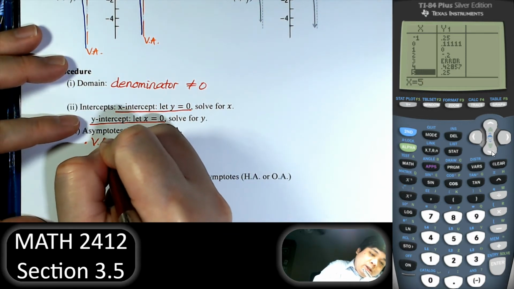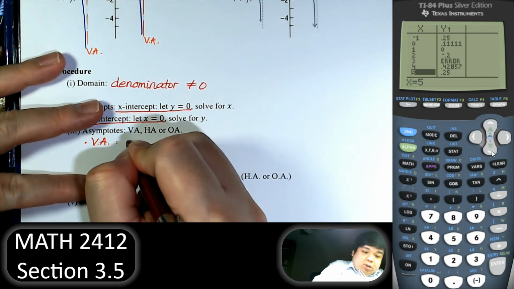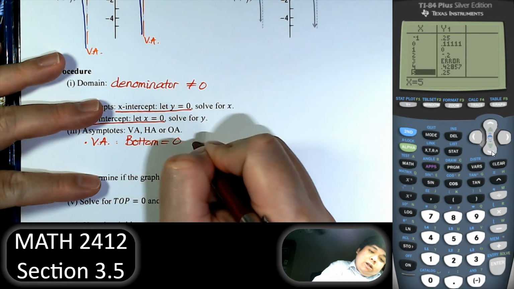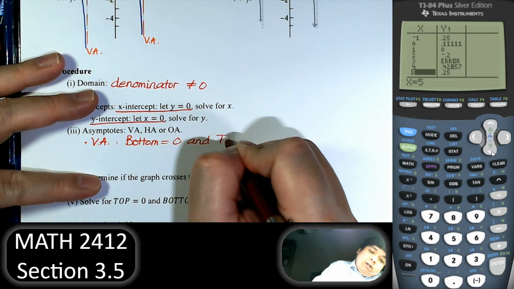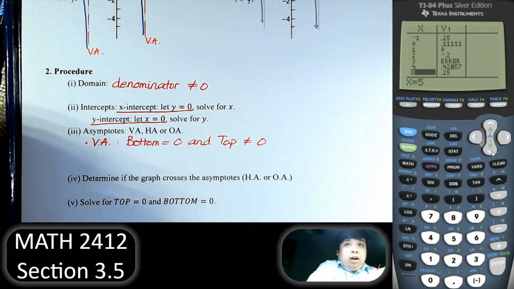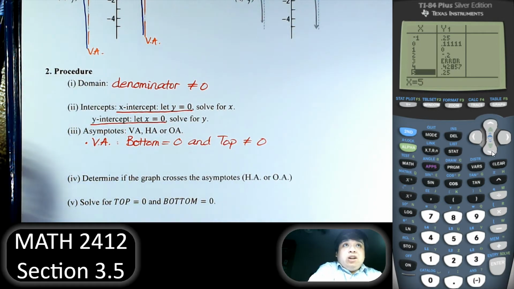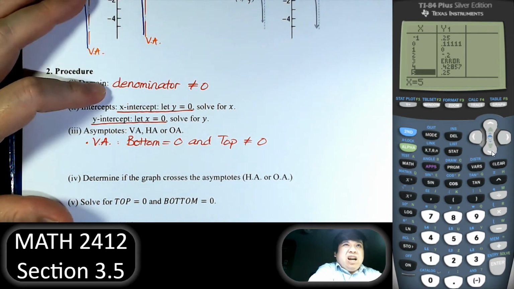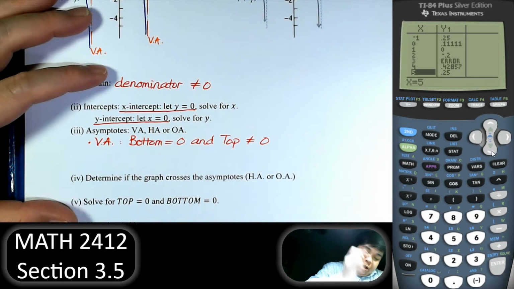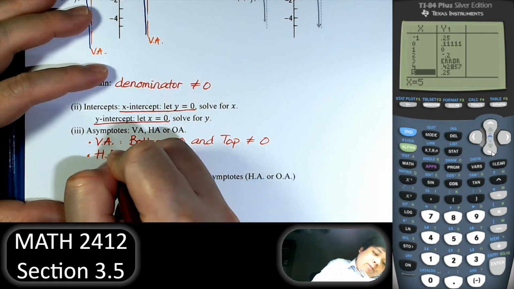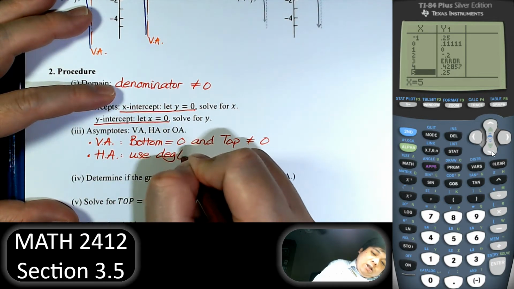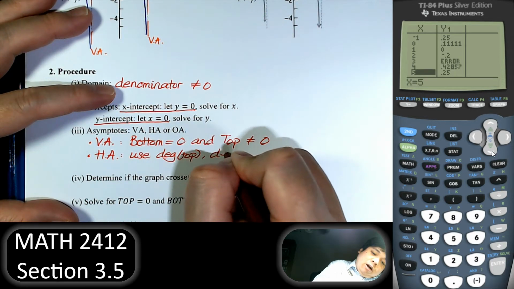Vertical asymptote is where the bottom is 0 and the top is not. Notice that the vertical asymptote is where the function is undefined, so kind of opposite to the domain. Horizontal asymptote, we use the degrees, so degree of the top and degree of the bottom.